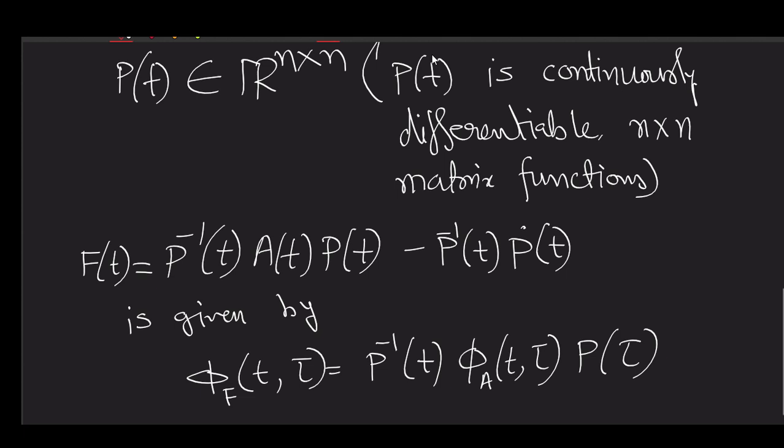Right now we need to prove it. What I said is that if we diagonalize our system matrix A, then e^(At) will become diagonal. That's okay.